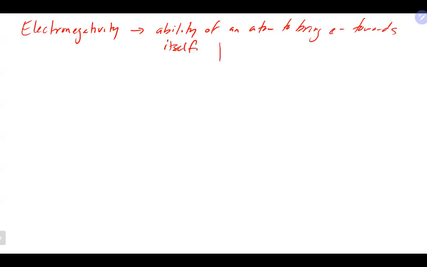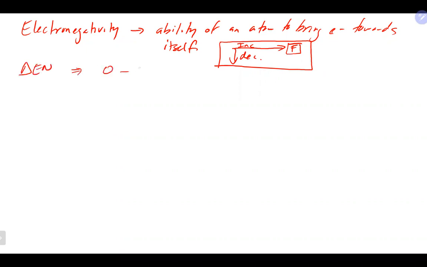On the periodic table, it increases as we go up and to the right, with fluorine being the most electronegative, and it decreases as we go down. We could actually use the difference in electronegativity values. Remember, electronegativity values run from 0 to 4, 4 being the most electronegative, and 0 being the least.